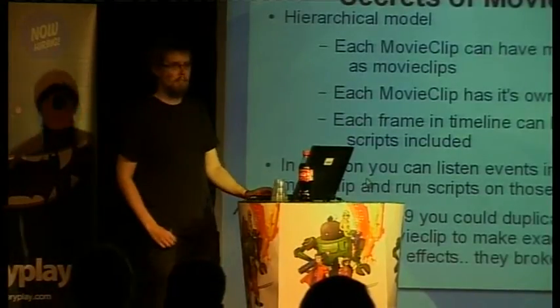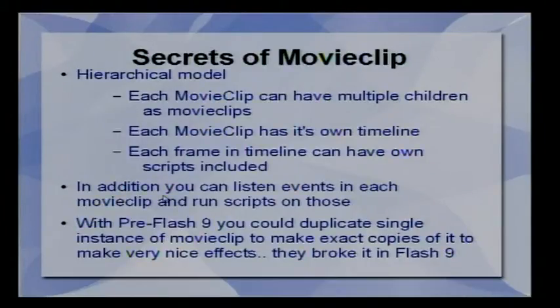As I said, that was done with duplicate movie clip. The whole of Flash is basically built around movie clips. Nowadays they're called sprites, but movie clip is an extension of sprite, which is basically an image container containing vectors or bitmaps, and that container can have another container inside. So you can scale them, and all the children scale. It's basically a hierarchical scene graph that has its own timeline. So each node has its own timeline.